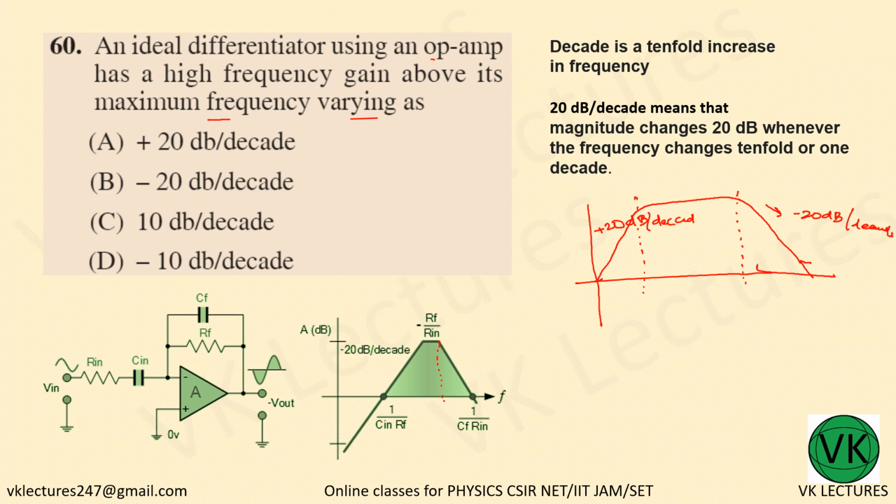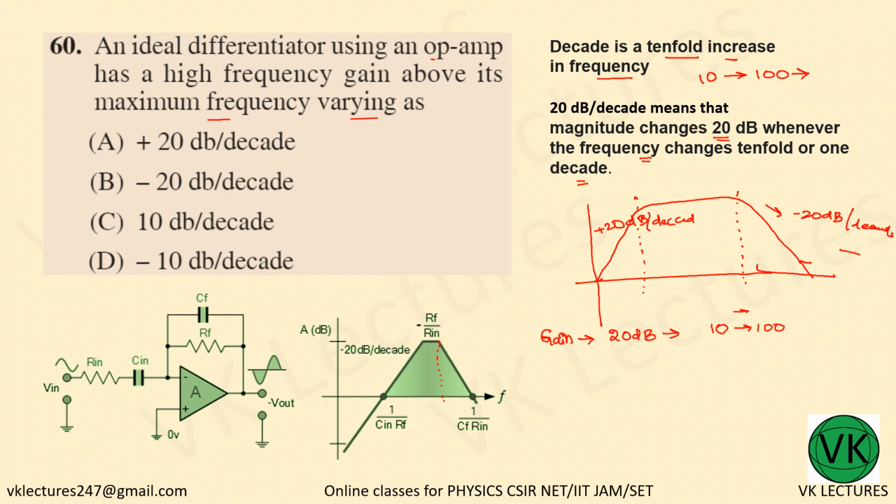Okay, all right. Now what does a decade mean? Decade is a tenfold increase in frequency. For example, if your initial frequency is 10 and it becomes 100, this is called 1 decade. Now 20 decibel per decade means that the magnitude of the gain changes by 20 decibel whenever the frequency changes tenfold, from 10 to 100.